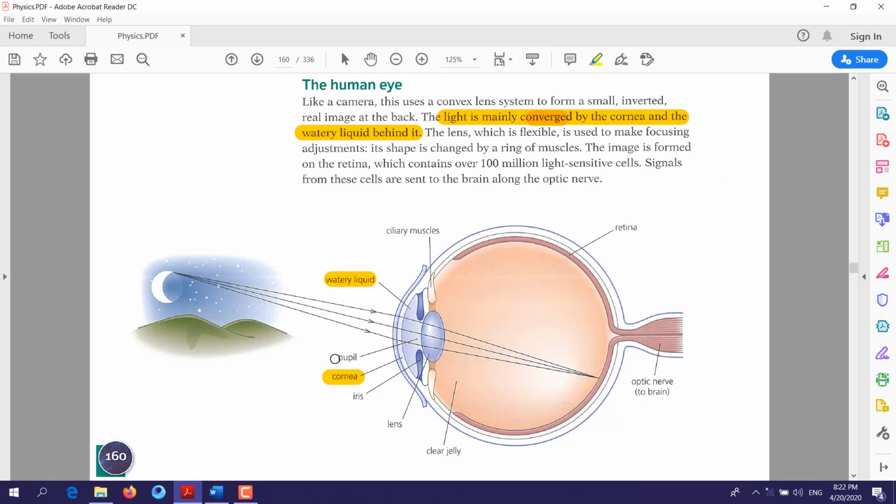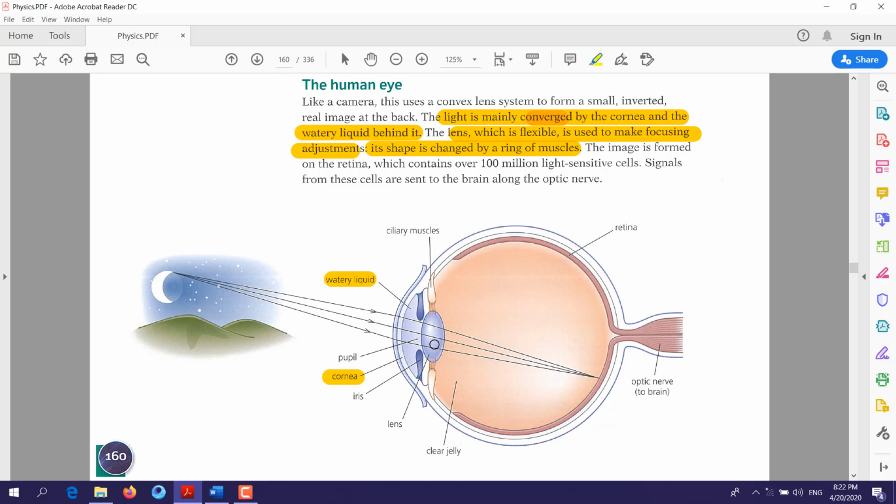Then after the cornea and watery liquid, we have the lens. The lens is flexible, which is used to make focusing adjustments. Its shape is changed by a ring of muscles.